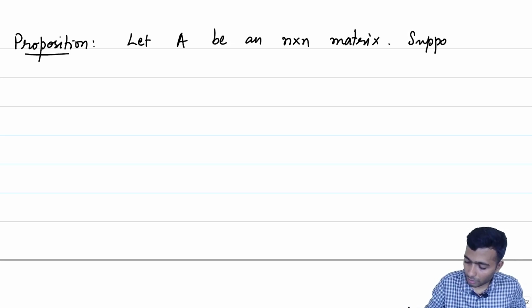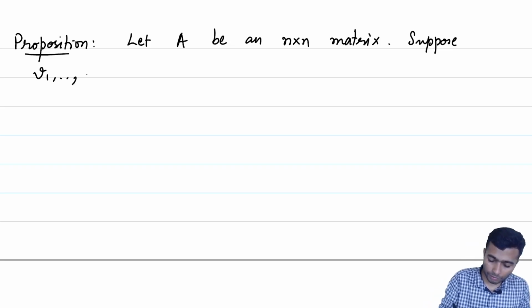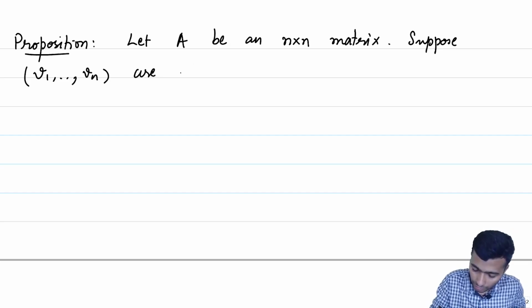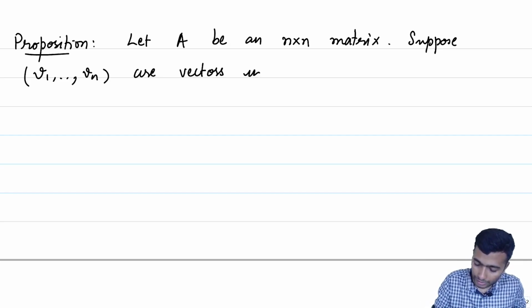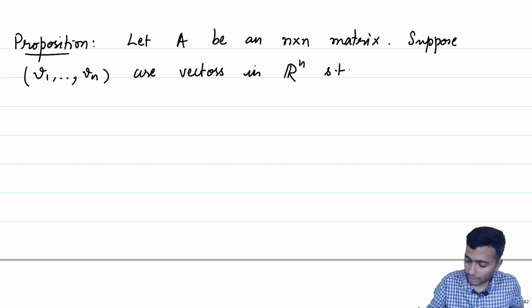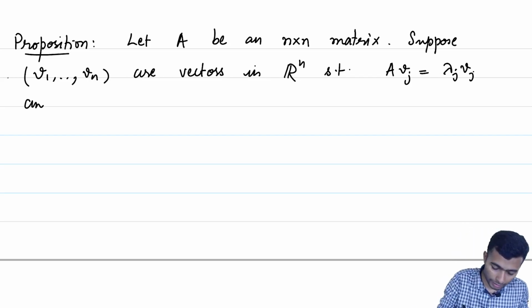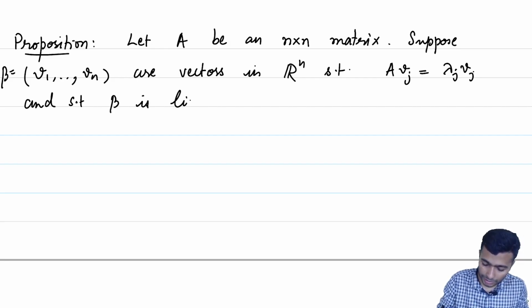Suppose V1 to Vn are vectors, or an ordered set, in Rn such that A Vj is equal to lambda j Vj, and such that they are linearly independent. Let us call this set beta, and suppose beta is linearly independent.